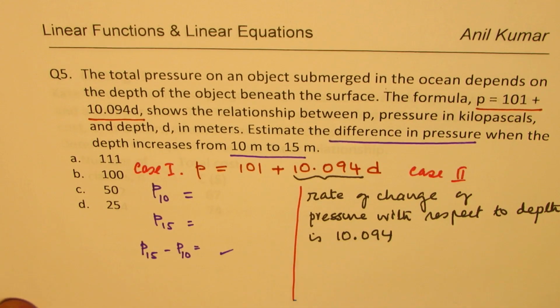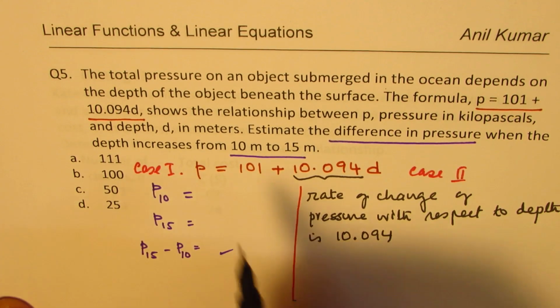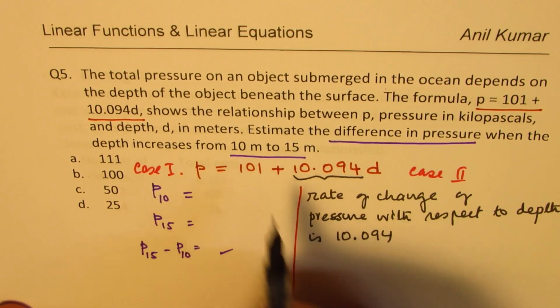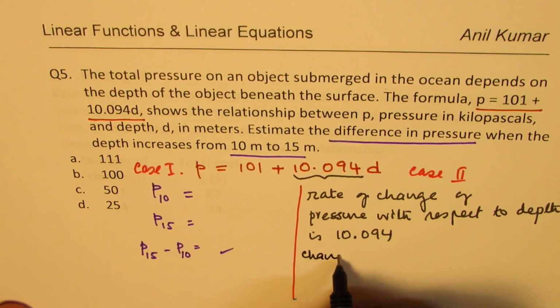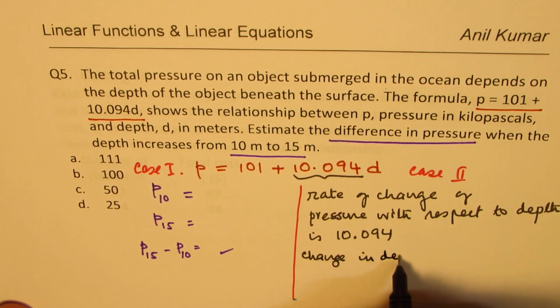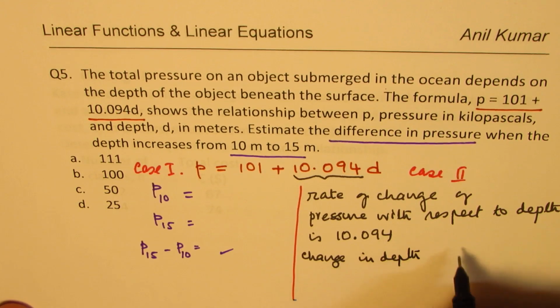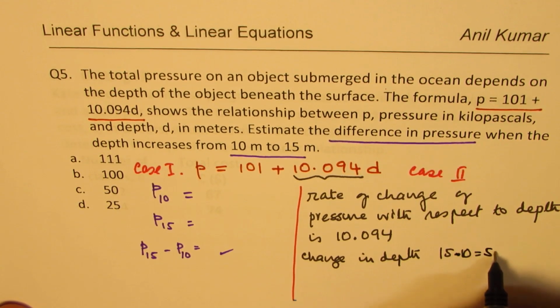So rate of change is per unit, 1 unit. In our case, the difference is how much? So in our case, change in depth is how much? Change in depth is from 10 to 15. That is 15 minus 10, which is 5 meters, correct? So what should be our answer?